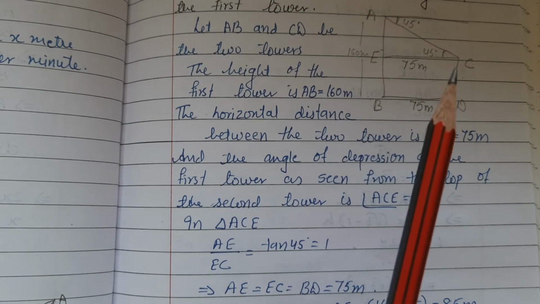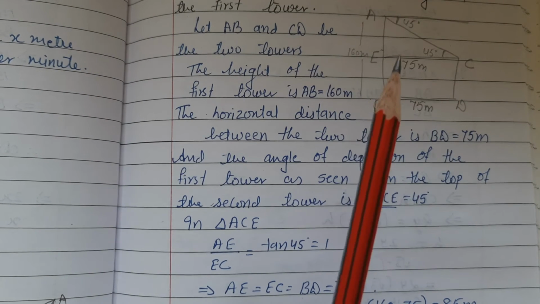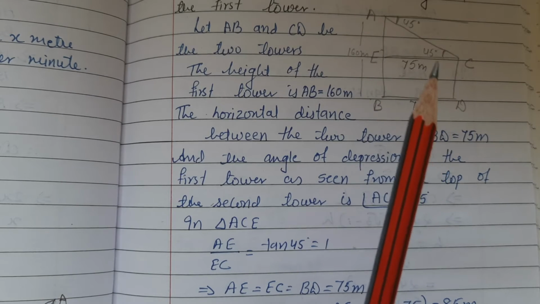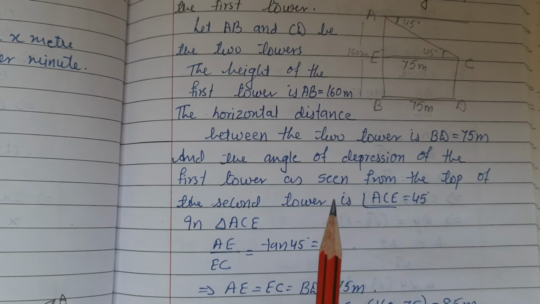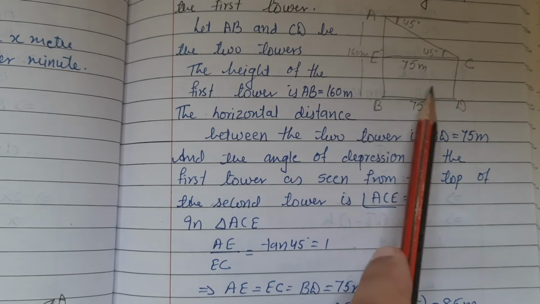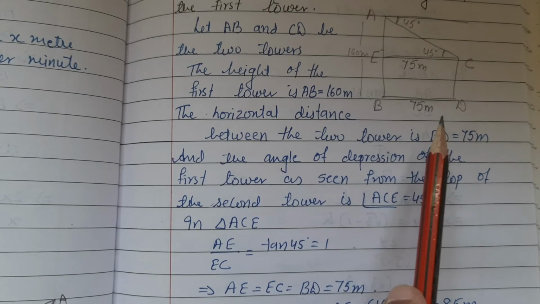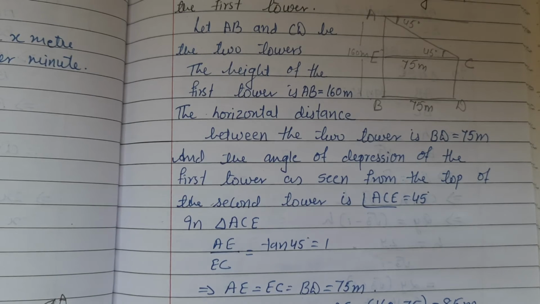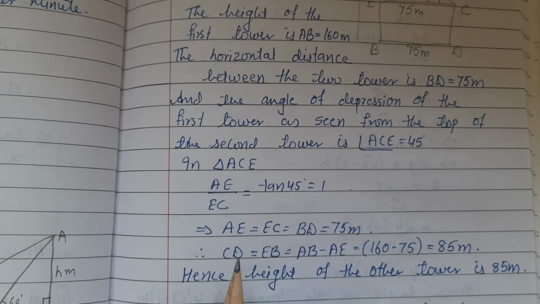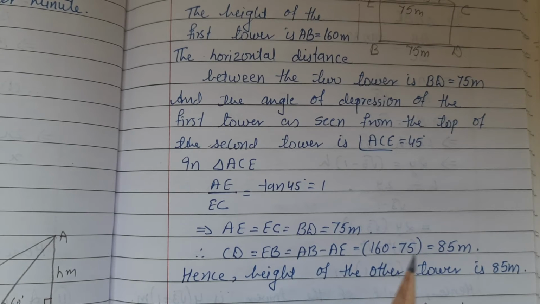In triangle ACE, AE upon EC equals tan 45, which equals 1, which implies AE is equal to EC, which is equal to BD, equal to 75 meters. Therefore, CD is equal to EB, which is equal to AB minus AE, 160 minus 75, equal to 85 meters. Hence, the height of the other tower is 85 meters.